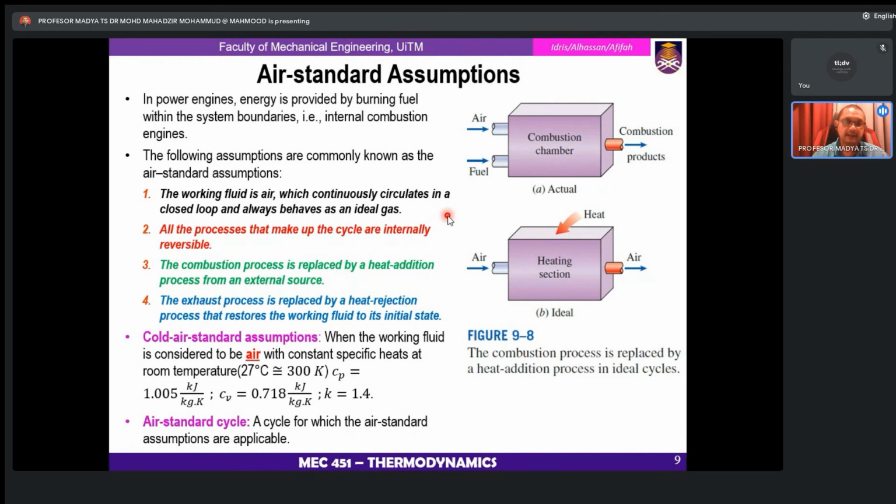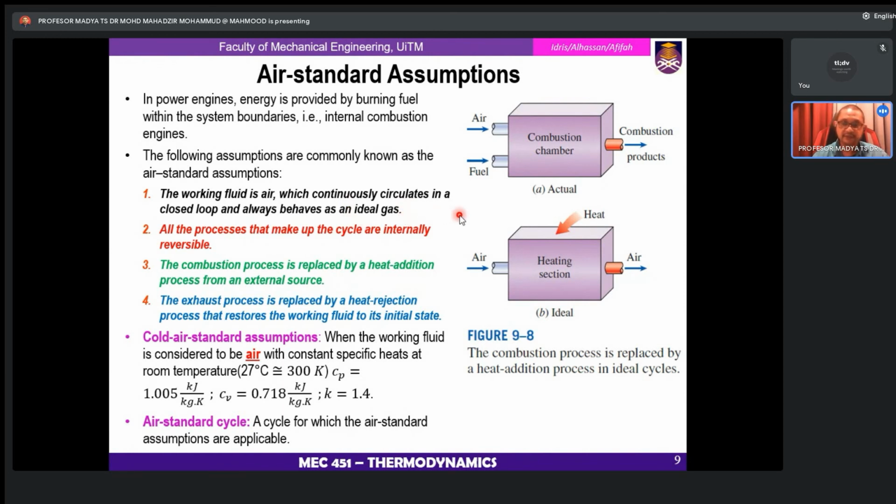There are four assumptions that you have to apply for this case. Number one, the working fluid is air, continuously circulated in a closed loop, and it behaves as an ideal gas. So remember, it behaves as an ideal gas.